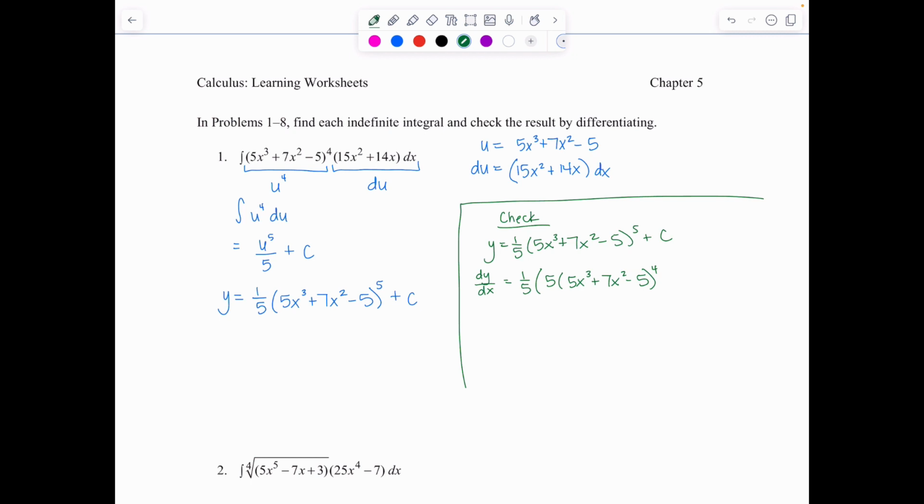Then we have to do the chain rule and take the derivative of the inside. So we have 15x squared plus 14x.